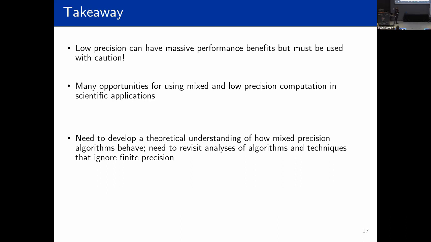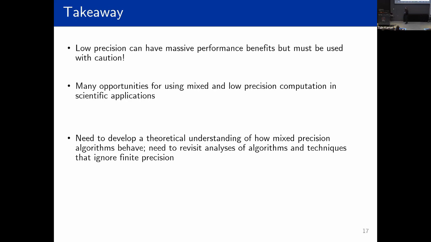So the takeaways from this first part of the talk are, first, that low precision can have massive performance benefits, not just theoretically, not just for machine learning, but in numerical linear algebra as well. But it's very important that we use these capabilities with caution.